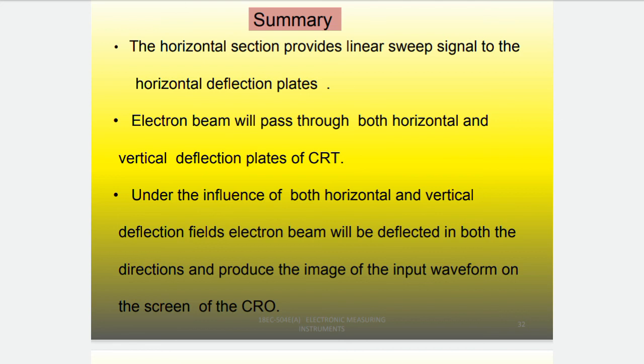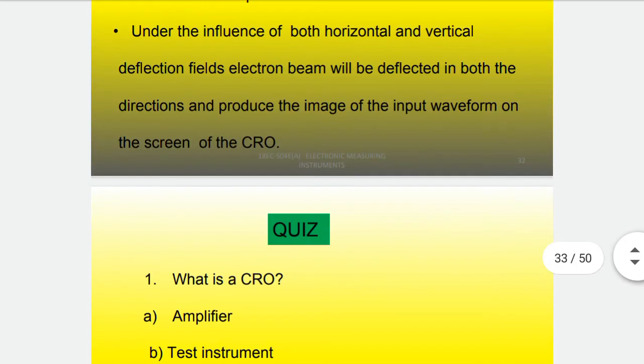Under the influence of both deflection fields, the electron beam is deflected in both horizontal and vertical directions, and produces the image of the input waveform on the screen of the CRO.